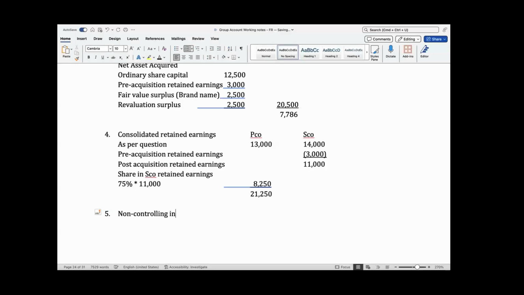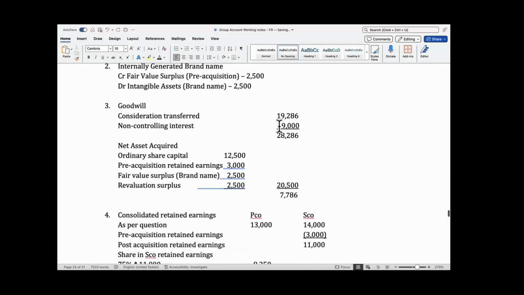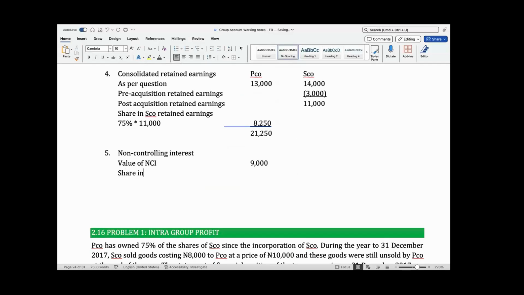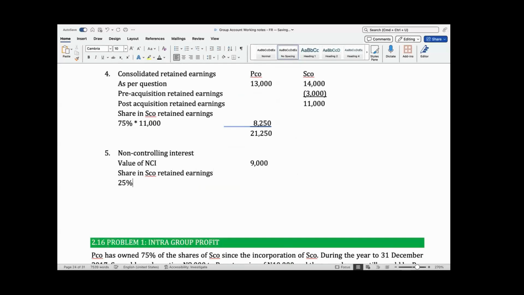And finally, we have the non-controlling interest. Value of NCI, from what we set up, was 9,000. Then share in Escrow's retained earnings. So what's remaining?